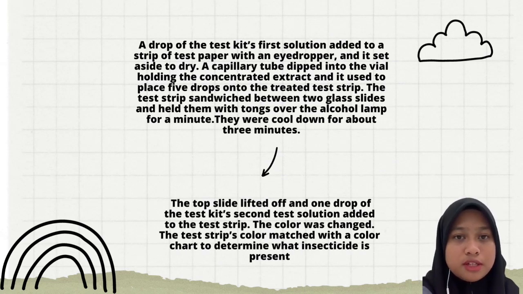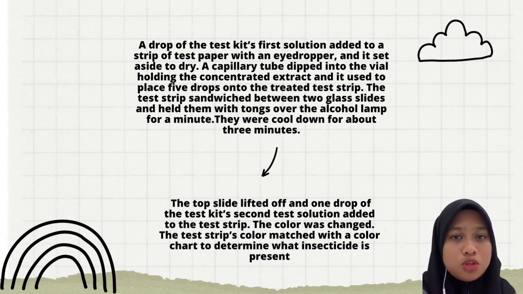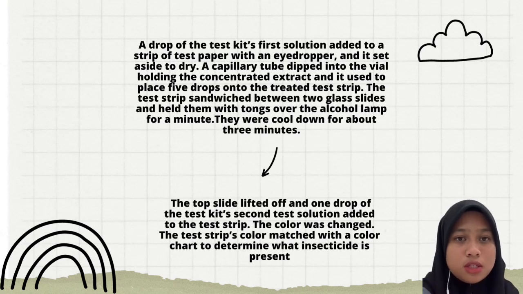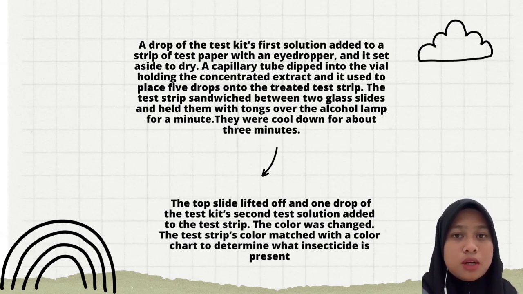Next, a drop of the test kit's first solution is added to a strip of test paper with an eyedropper, and it is set aside to dry. A capillary tube is dipped into the vial holding the concentrated extract and used to place 5 drops on the treated test strip. The test strip is sandwiched between the 2 glass slides and held with tongs over the alcohol lamp for a minute.